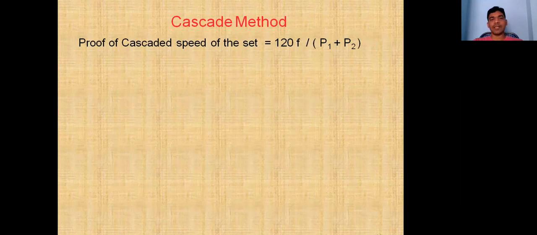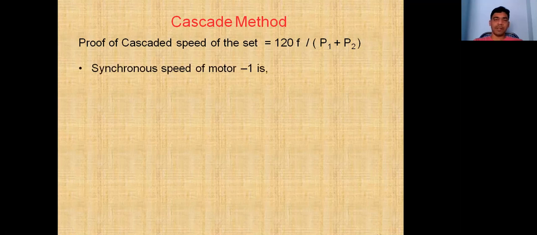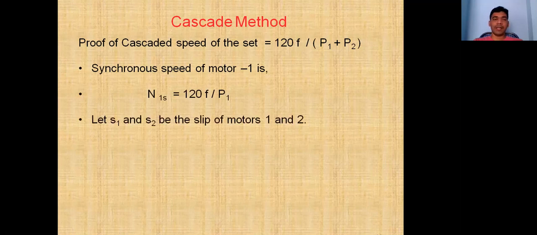Proof of cascaded speed of the set, 120 F by P1 plus P2. Synchronous speed of motor 1, N1s, is equal to 120 F by P1. Let S1 and S2 be the slips of motors 1 and 2.